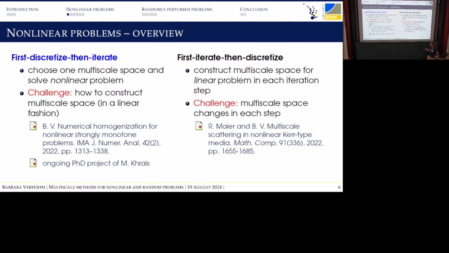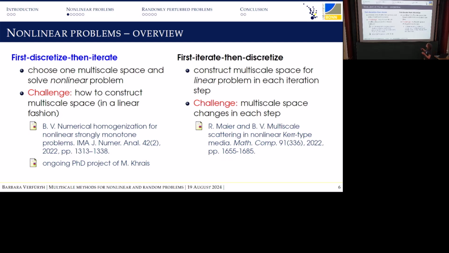The other approach that I just want to briefly mention is that you first look at your nonlinear problem and think about, okay, no matter how I discretize things, I have to solve a nonlinear system in the end, and there are iteration schemes to do this. So you first choose your iteration scheme. You can often do this on the continuous level for the PDE.